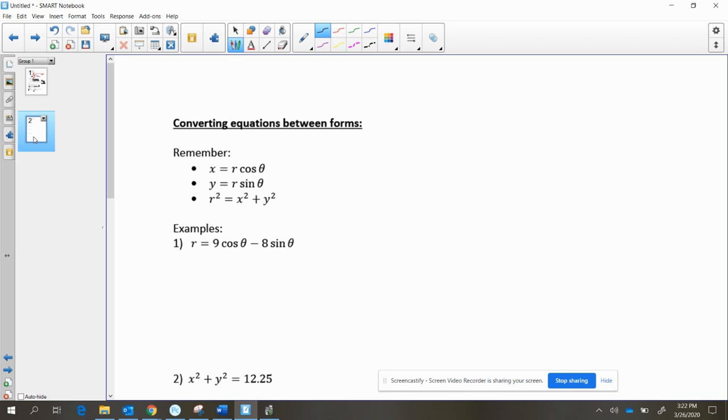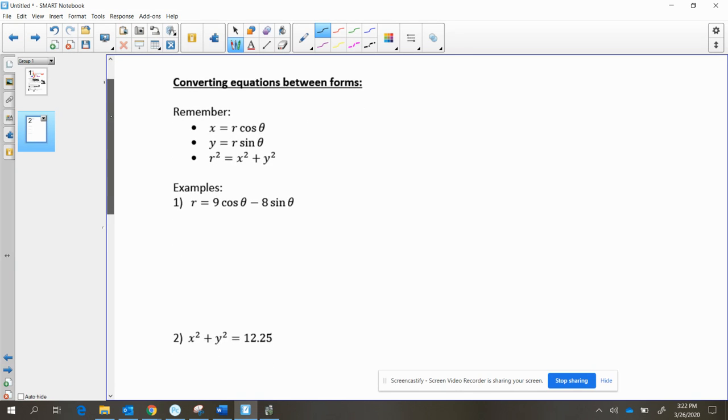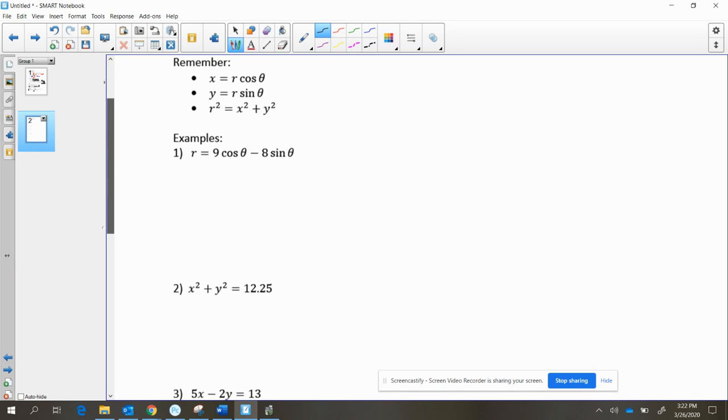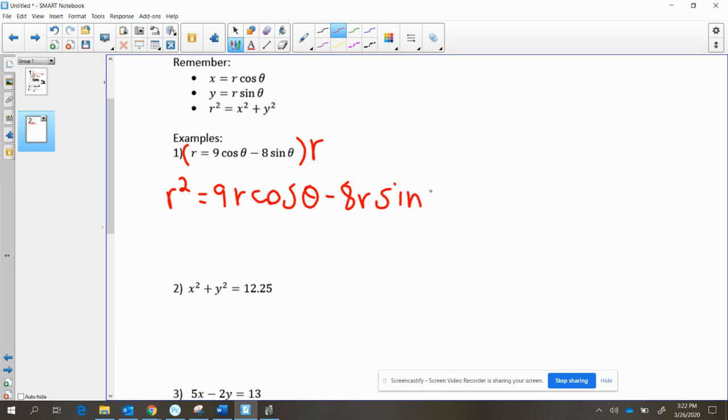So if we are given some examples here, we have the value here for polar and we want to convert it to rectangular. For an example like this, we're going to start by multiplying everything by an r, because when we do this, if we have everything as an r value, or with an r, we can make those conversions that we need to, right, from up above.